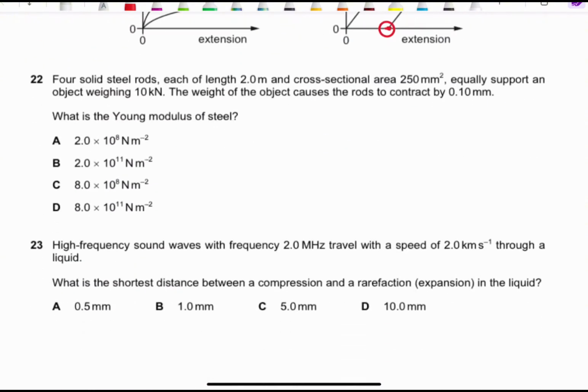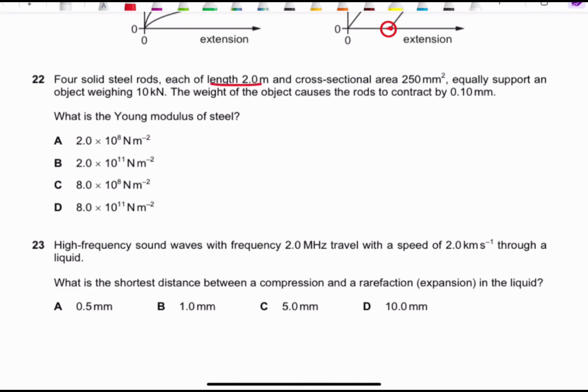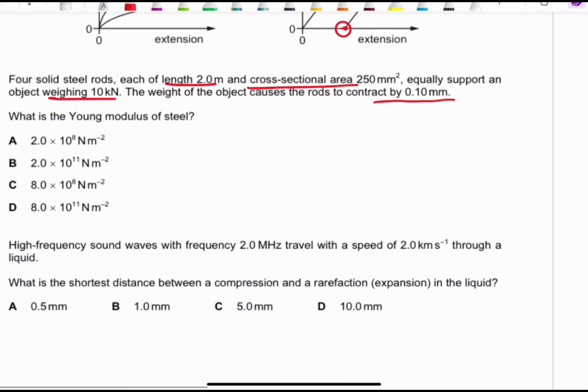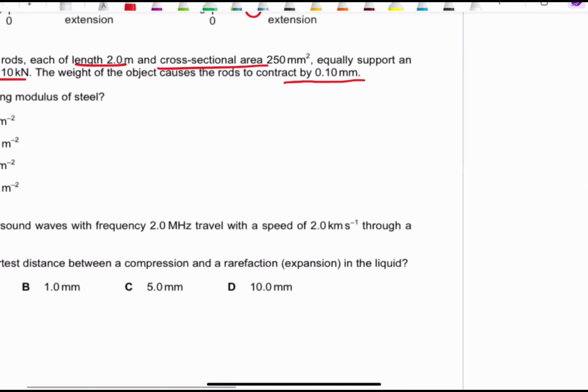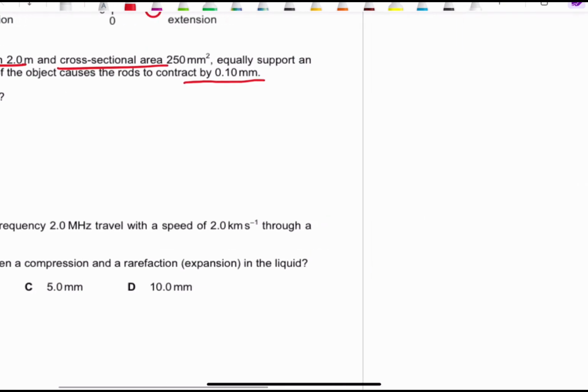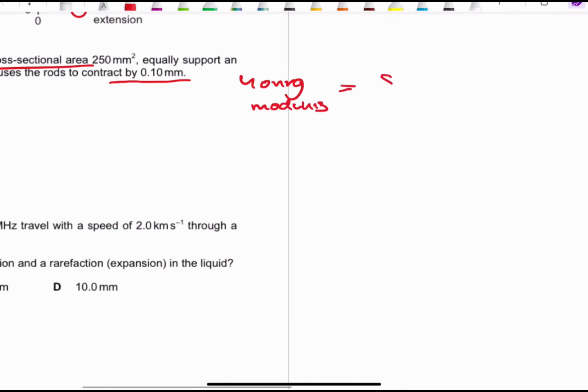Very important. We're given 4 solid steel rods, each of length, area, and we're given equally supporting an object of weight, the load. The weight causes the rod to contract by 0.10 meters. What is the Young modulus of the steel? Get this, guys. Young modulus is basically equivalent to the ratio of stress to strain, okay?